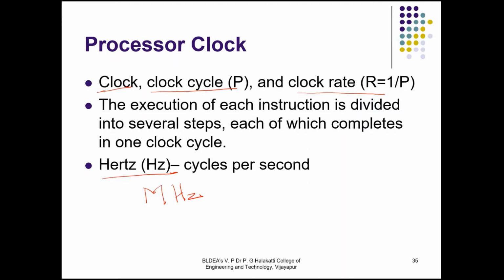And billion is denoted by the prefix giga, capital G, written as gigahertz. And 1250 million cycles per second is abbreviated as 1.25 gigahertz.